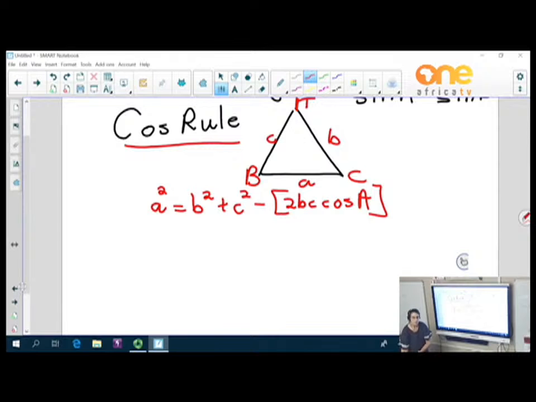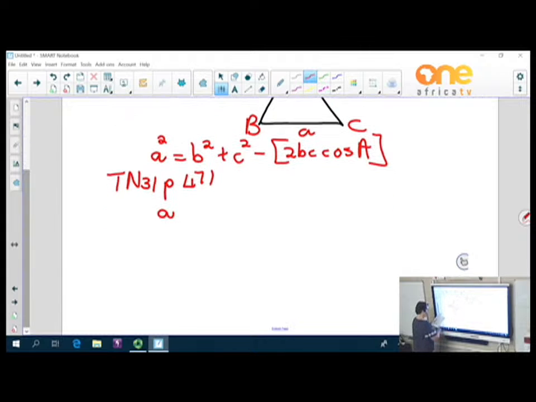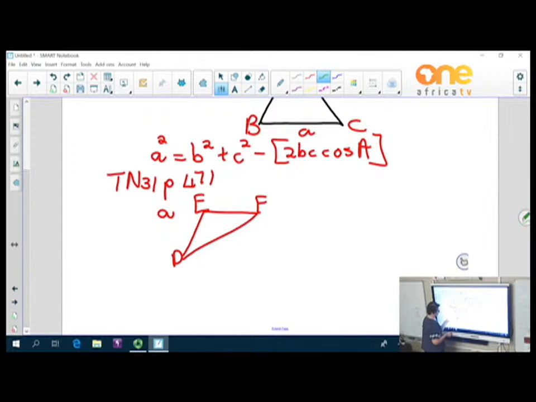Now, I would like you just to look on page 471, and this is then Try Now 31. This is just to find the sides and write the sides. So we're just looking at number a. You have the triangle DEF, and we have to label now the sides and the angles.